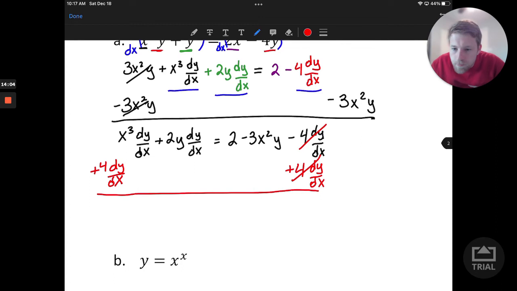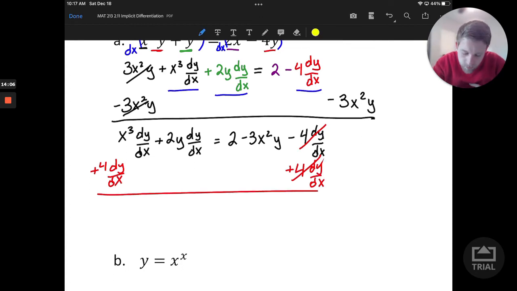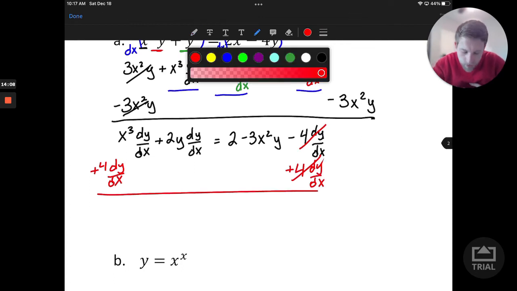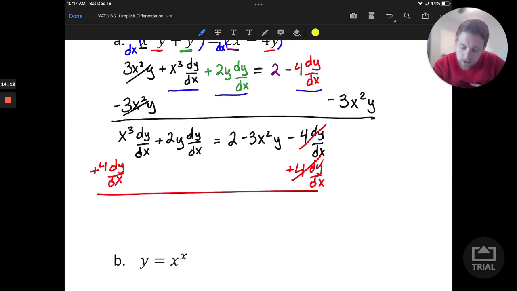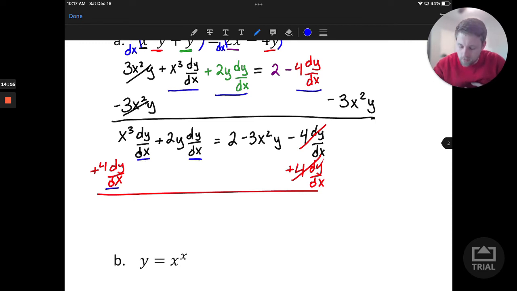Looking at the left side here, I'm going to maybe make a step here to consider. If we add all of these terms together, notice that each of these terms involves a dy dx now. And so one thing I could do is just factor that dy dx out of all those positive terms. So I could say that this left side becomes dy dx.